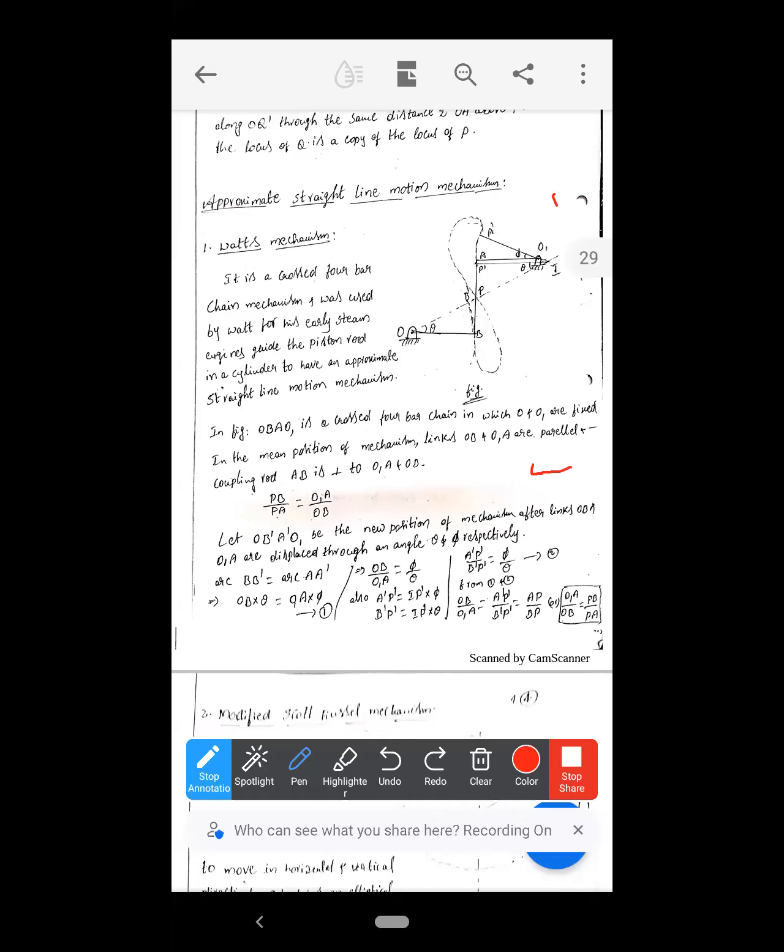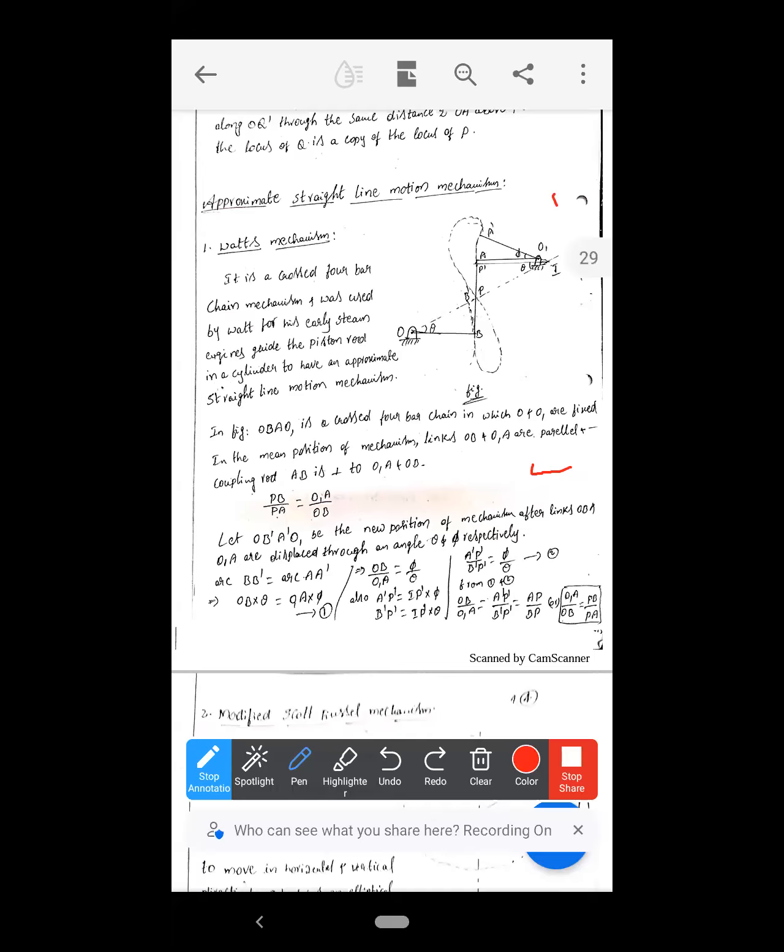PB by PA equals O1A by OB. Let us take the triangles, from the right here: the triangle POB and the triangle O1AP.